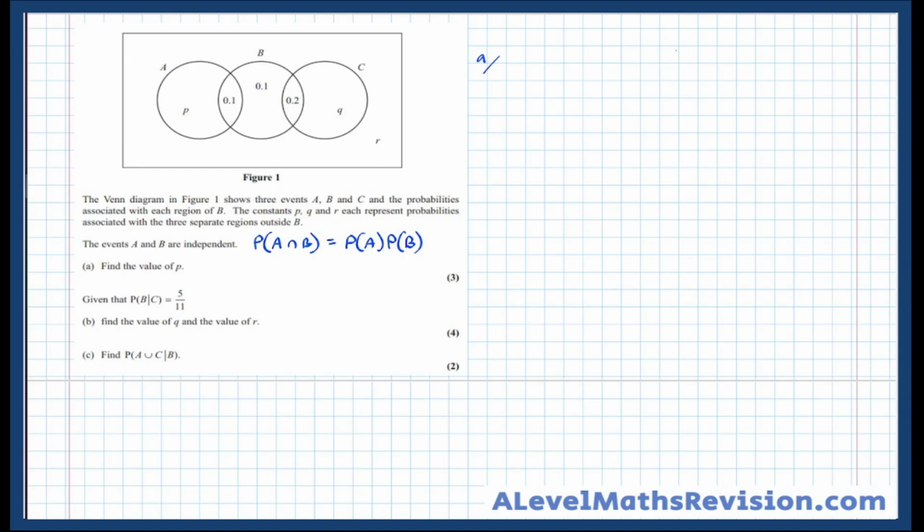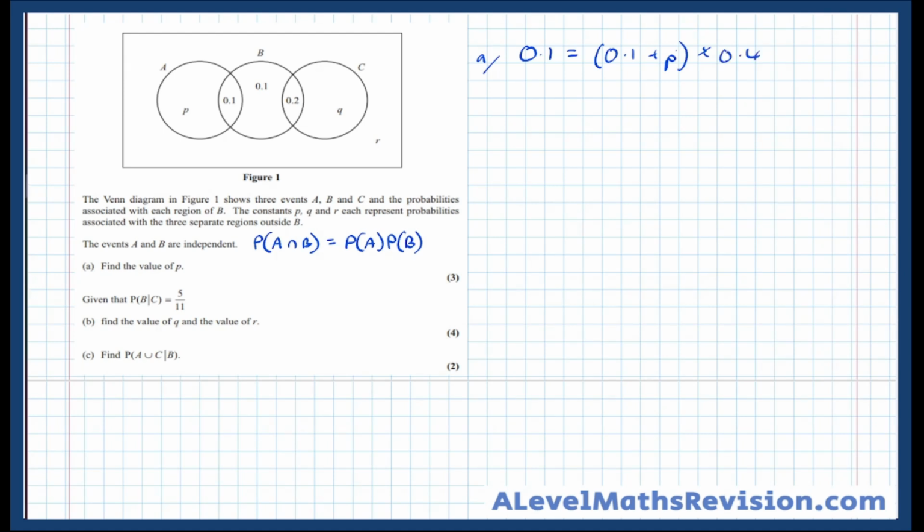That's what statistical independence means. So we can use this definition to work out part A, which says find the value of P, because the probability of A intersection B, which we can see is 0.1 there, is equal to the probability of A, which we can see is 0.1 plus P. So let's write that down. 0.1 plus P times the probability of B, which is 0.1 plus 0.1 plus 0.2, i.e. 0.4.